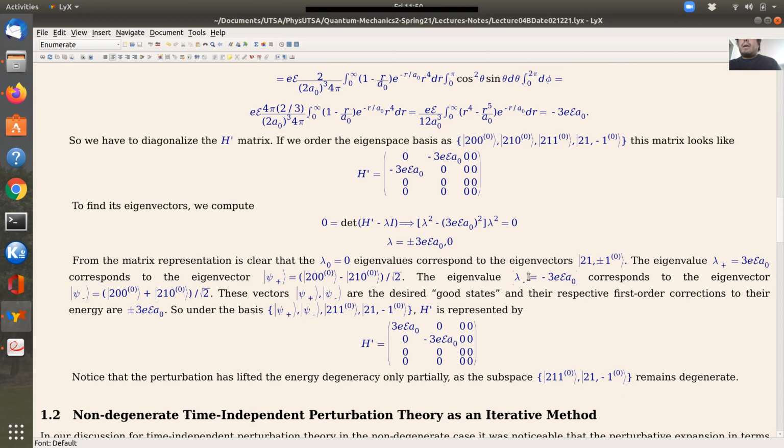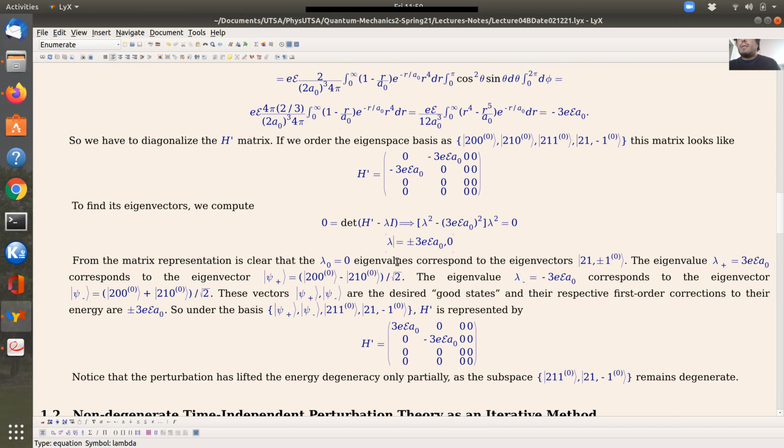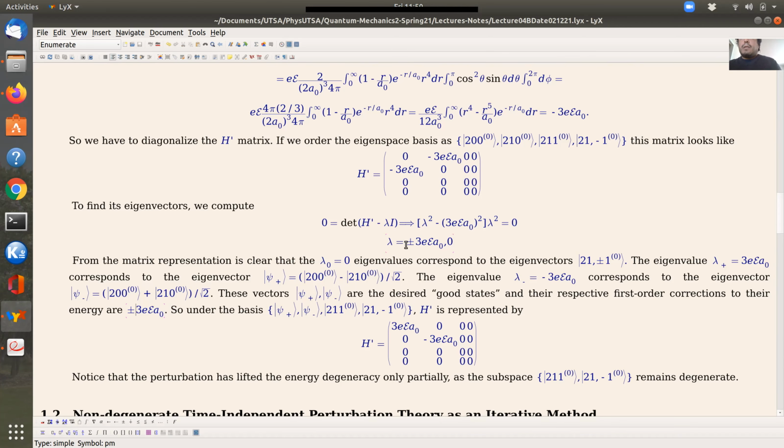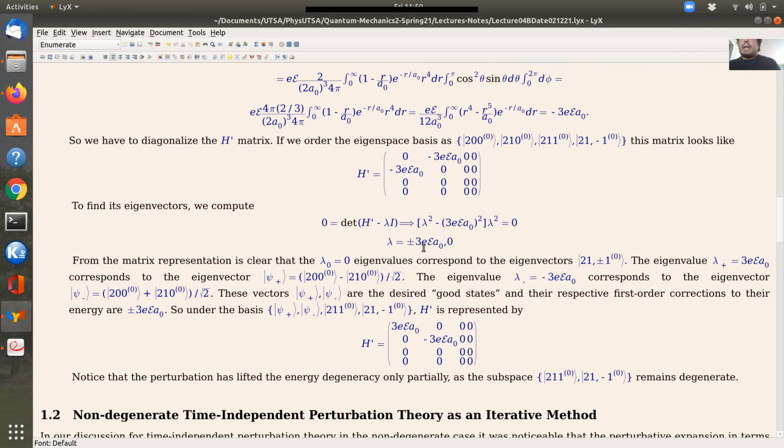And the lambda plus minus in this case, instead of the lambda 0, are basically the first order corrections to the energies in the degenerate case. So again, you have this plus minus. And I didn't add a subscript of plus minus here because here it's the case 0. And so this eigenvalue actually appears with multiplicity two.